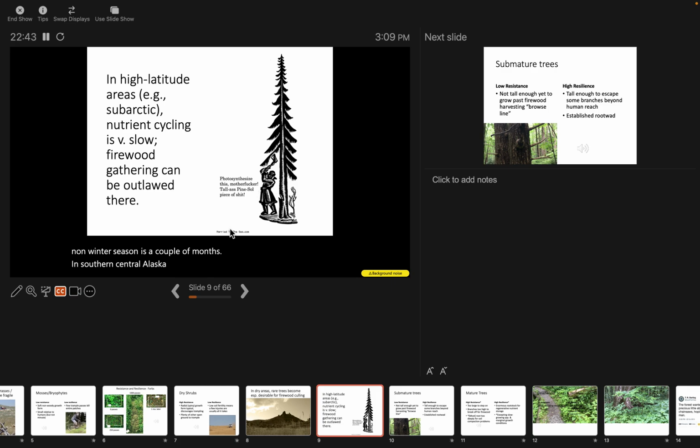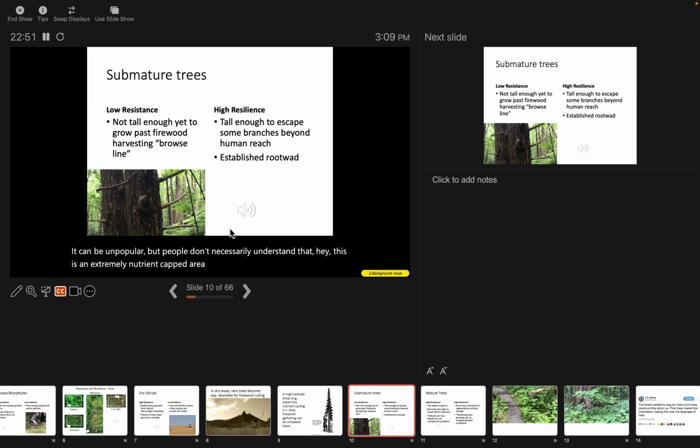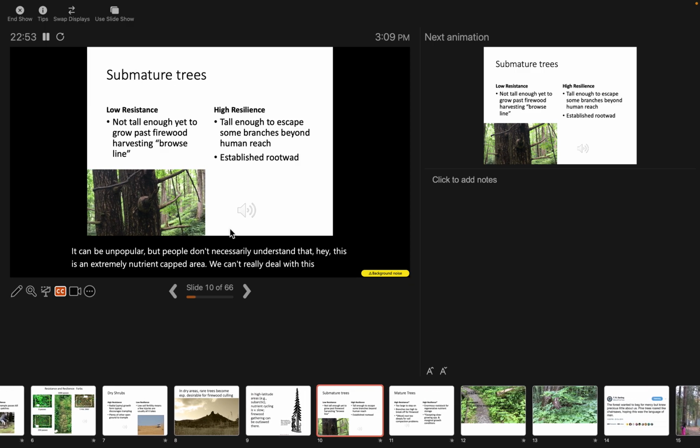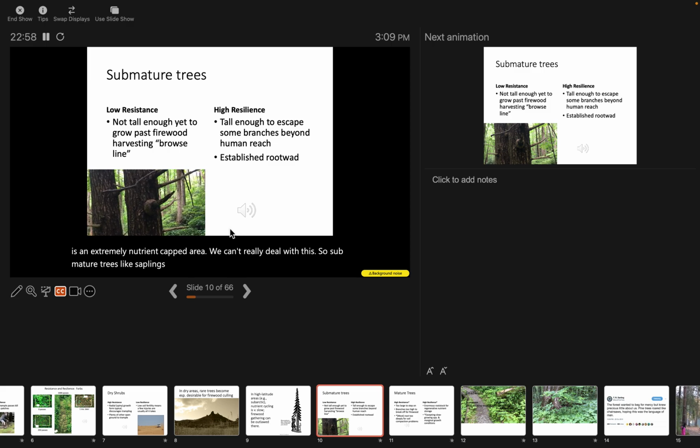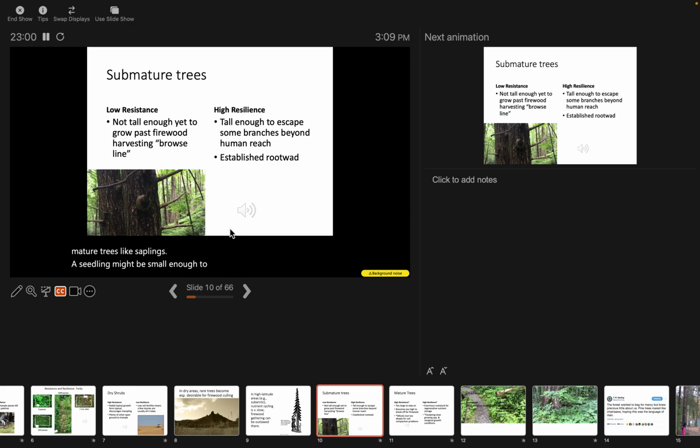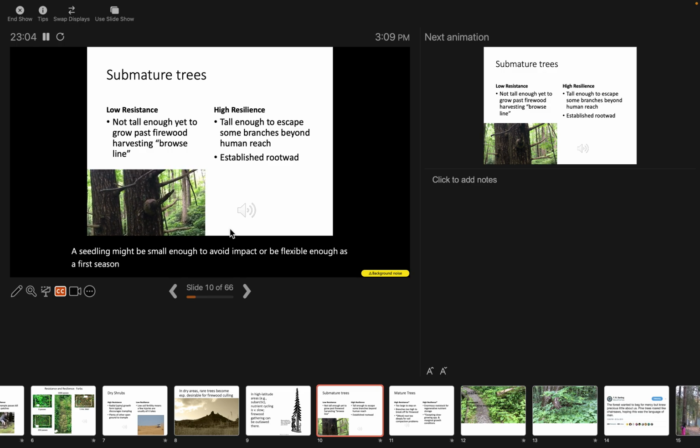So, it can be unpopular, but people don't necessarily understand that, hey, this is an extremely nutrient capped area. We can't really deal with this. So, submature trees like saplings, a seedling might be small enough to avoid impact, or be flexible enough as a first season seedling to prostrate and then spring back up when somebody happens to step on it in the middle of the forest.